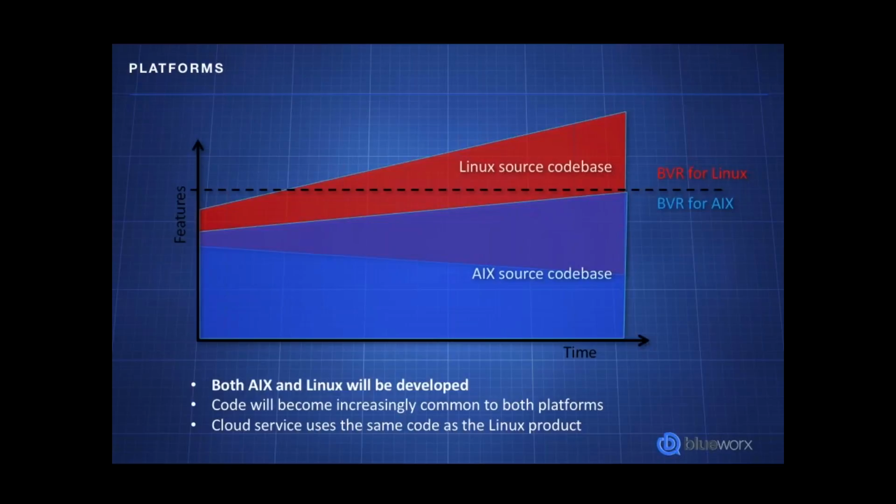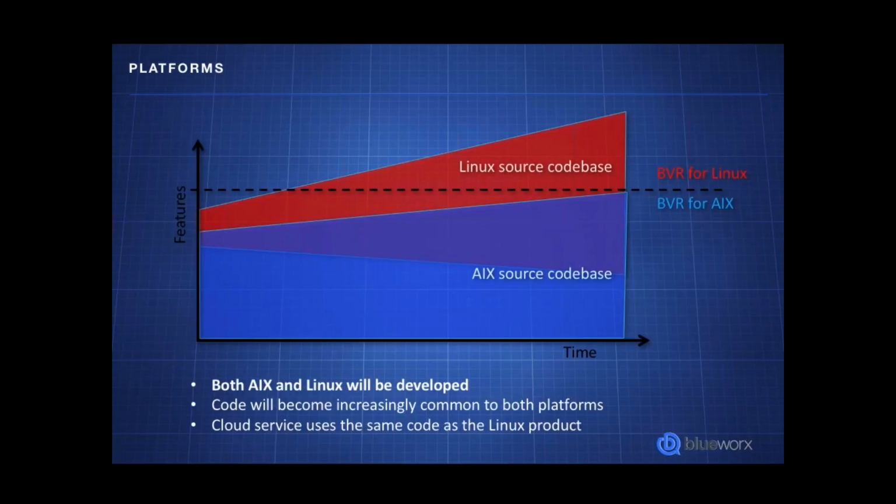Just to avoid any confusion between the Linux and the AIX product, if you can see the timeline across the bottom there, we started out by taking a tiny part of the AIX source code base, so some of the features and functionality from AIX, and we built upon that to deliver the Linux code base.